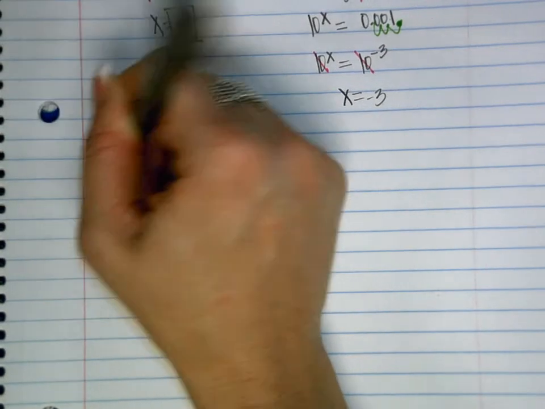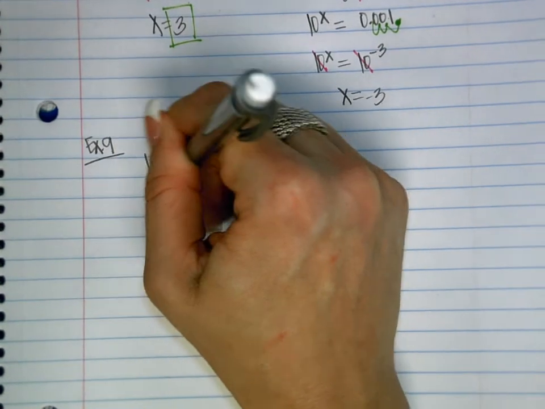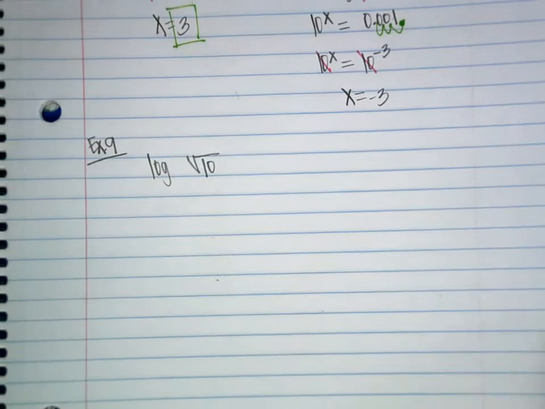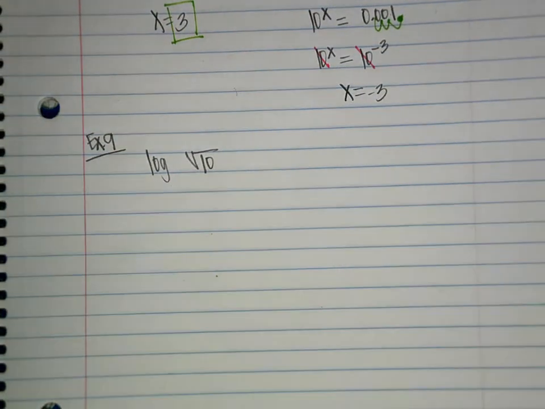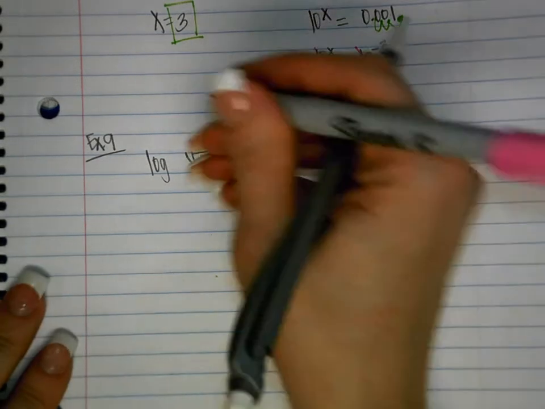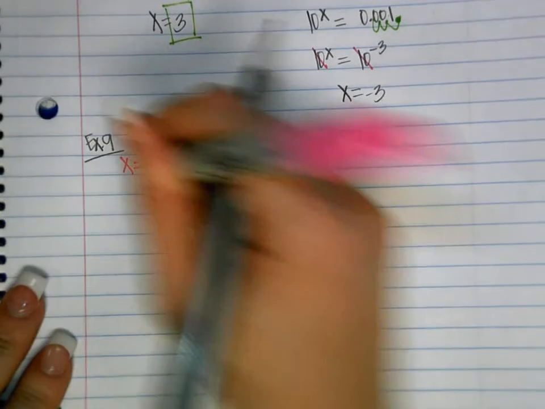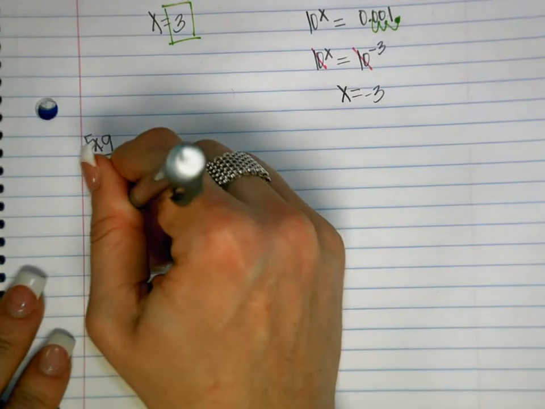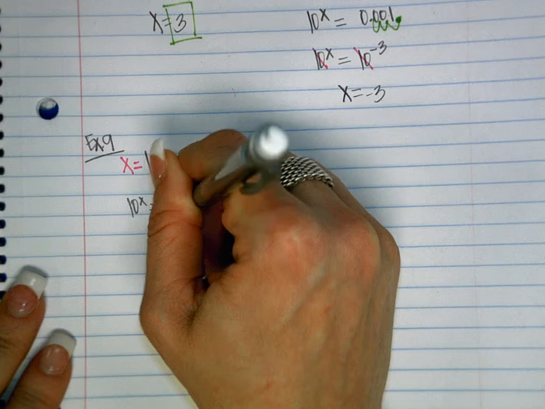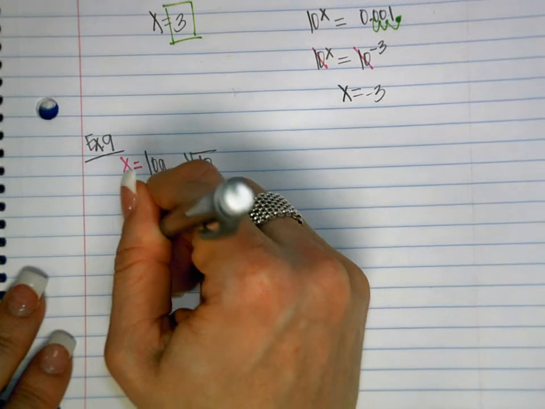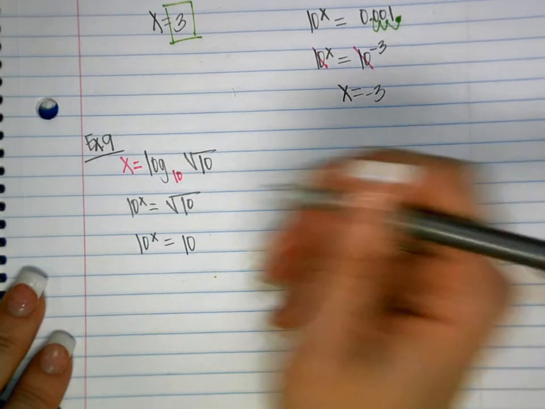For number 9, I want you to simplify log of root 10. Put in your base, put in your x equals, rewrite this: 10 to the x equals root 10. 10 to what exponent equals root 10? 10 to the 1/2, right?